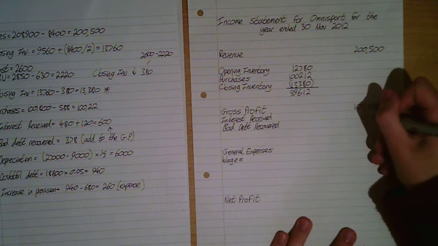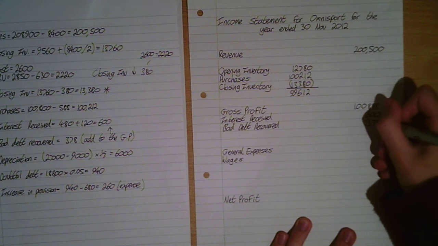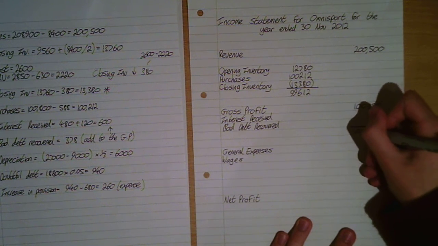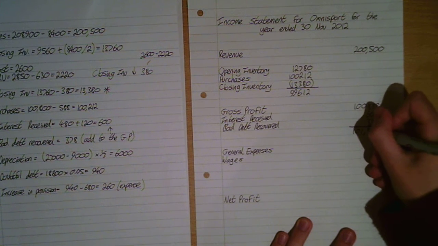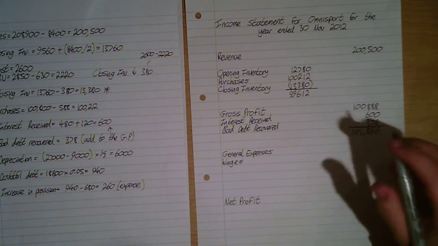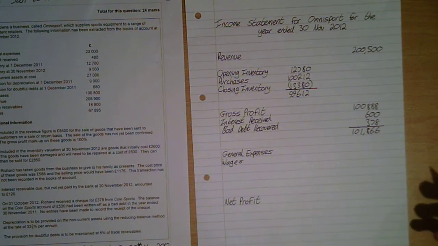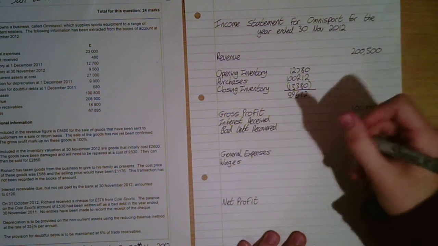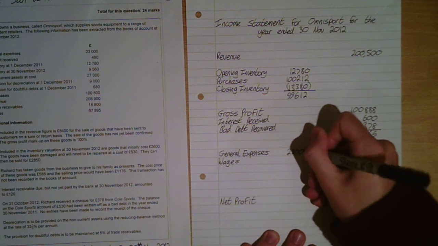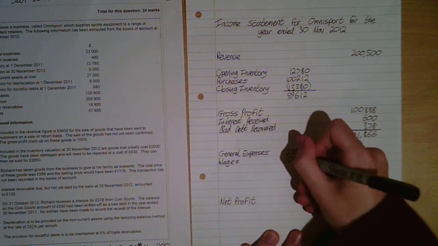So we've got 600 and 378, and that is 101,866. Okay, so we have two expenses I've already listed here because they come up basically every year, and most of the time you won't even need to adjust it unless it's like a basic accrual or prepayment. So I'm just going to list the figures from the question. It's not hard to see how I've done this, to be honest.